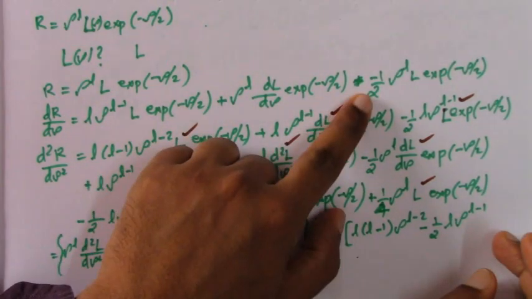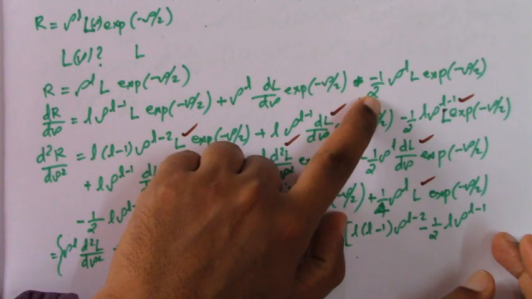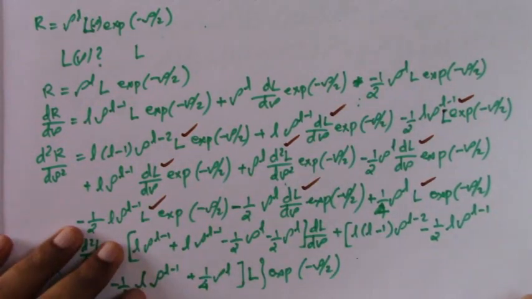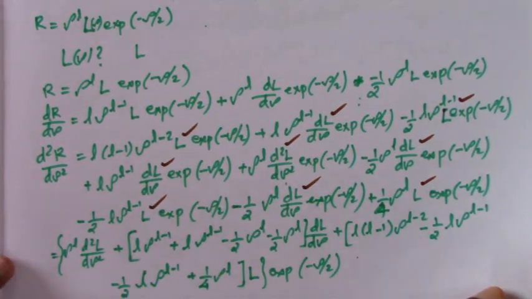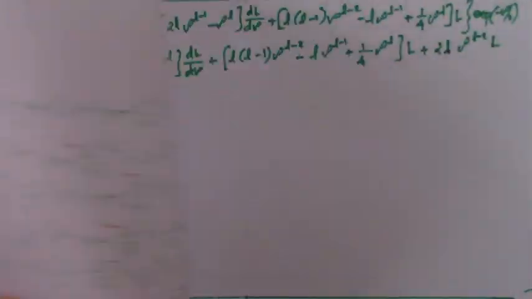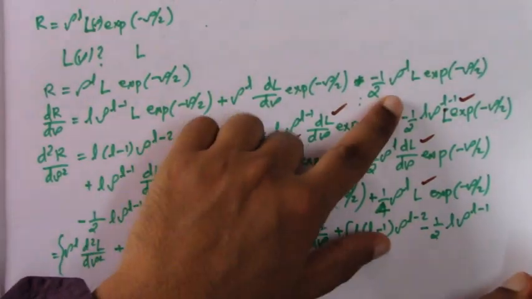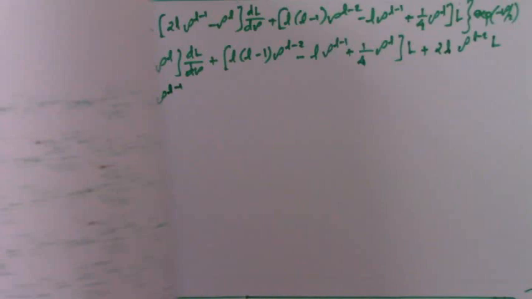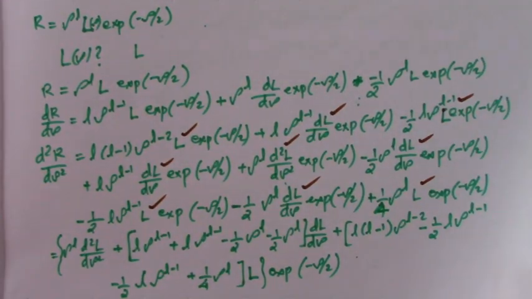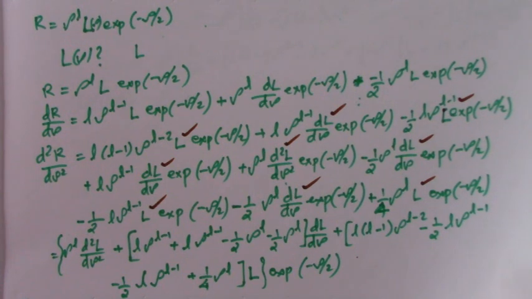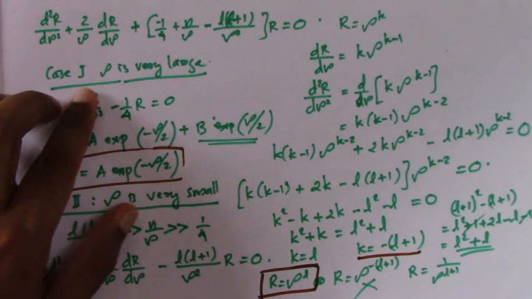And what is remaining, this should also be multiplied by 2 by rho, so 2 and 2 will be cancelled, so what is remaining is minus 1 into rho raised to L minus 1, that is minus rho raised to L minus 1 L. And this term is to be put at the end, that is 2 by rho into dR by d rho in our equation.